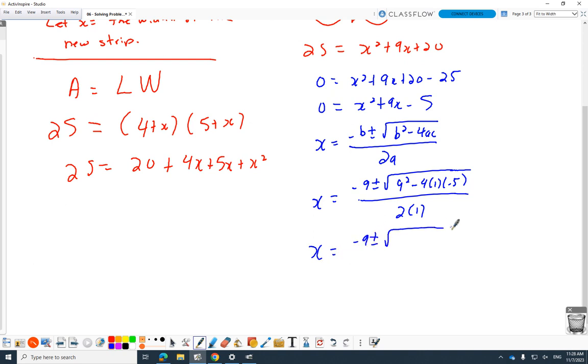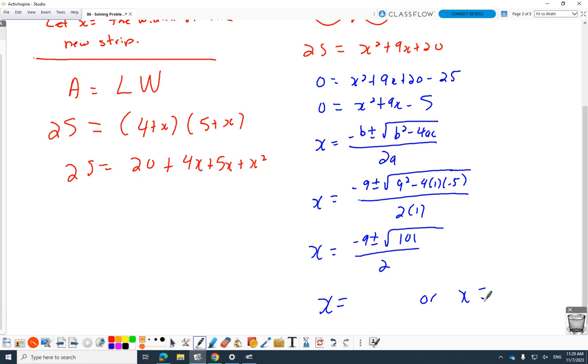Is somebody getting their calculator ready, just in case I make a mistake on the video? Is 9 squared minus 4 times 1 times -5 equal to 101? I think it does. Now I'll prove this can be done with one of these calculators. That is right. That's correct.